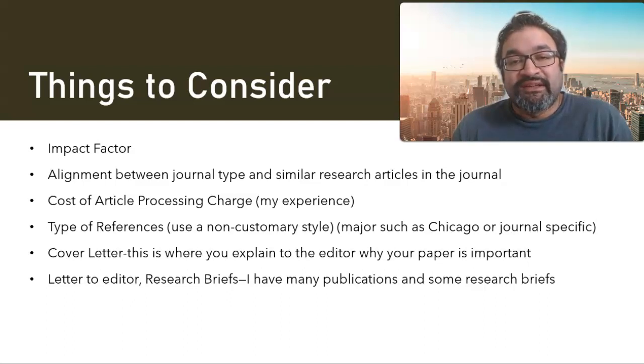The third one could be something like mandatory open access. So that means that in that journal type, you have only the option of paying for your journal. Now, a lot of people will say that if you're paying for an article, this automatically is a predatory journal. And by the way, predatory journal means ones that are not in Beall's list, and that's a place where you can look for journal articles.